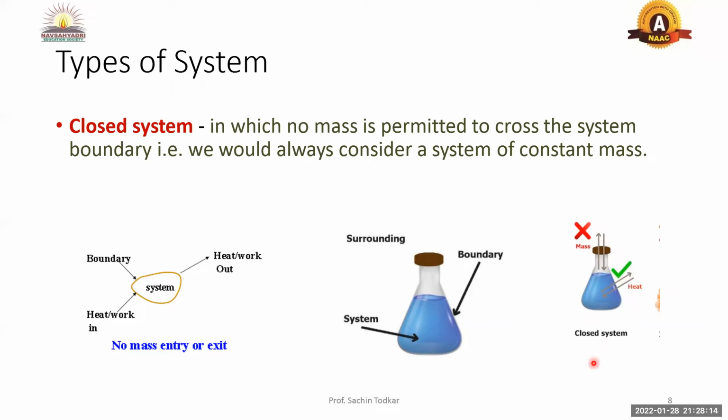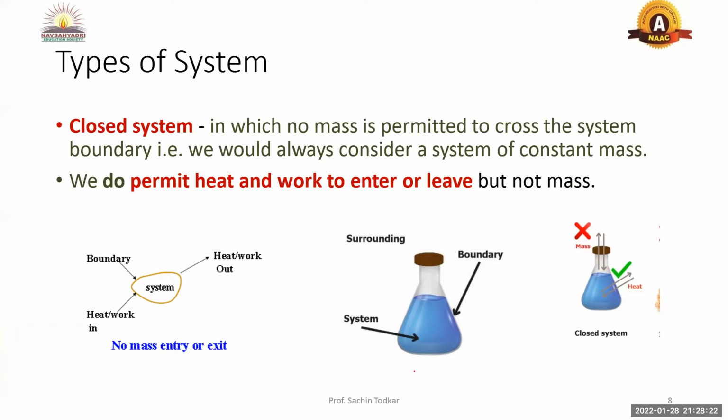So this is called a closed system. We do permit heat and work to enter or leave, but not mass. So here heat can be permitted, but mass cannot move from system to surroundings and surroundings to system.